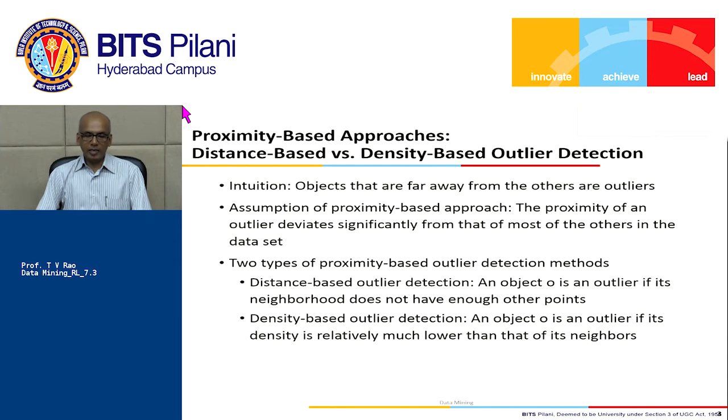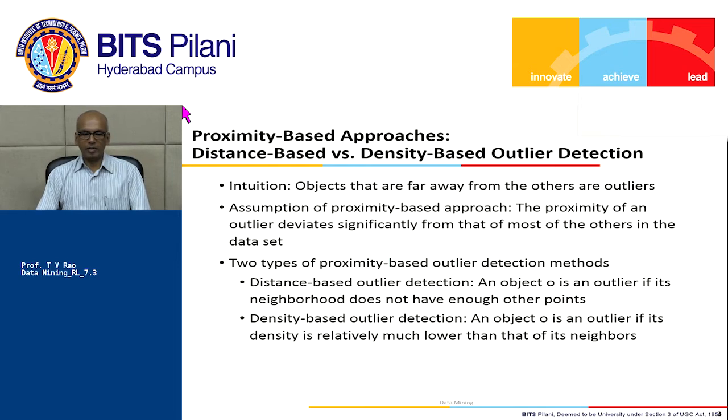The other technique is density-based outlier detection: if within a range around this object the density of other objects is low, then it is considered an outlier.